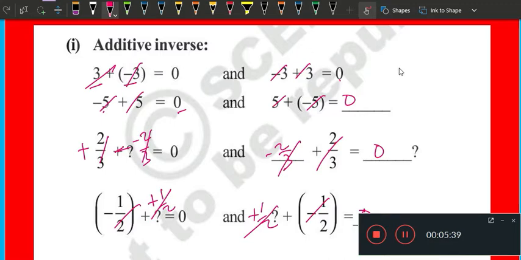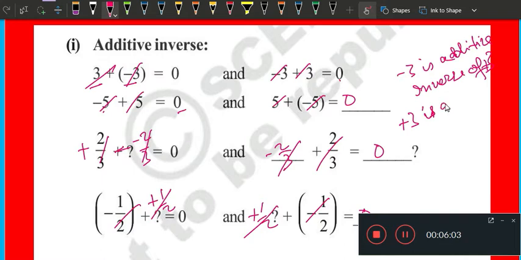That means minus 3 is the additive inverse of plus 3, and plus 3 is the additive inverse of minus 3. Okay, students.